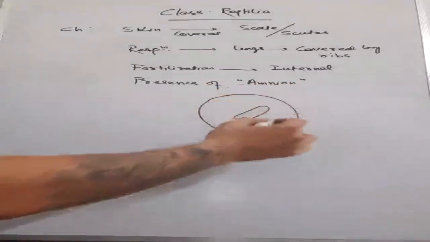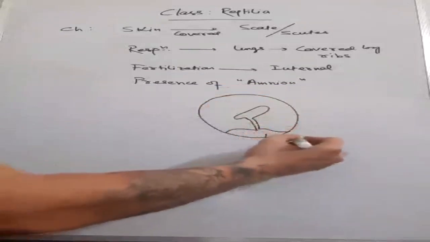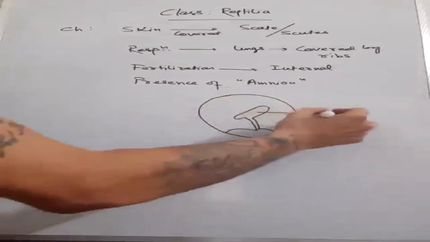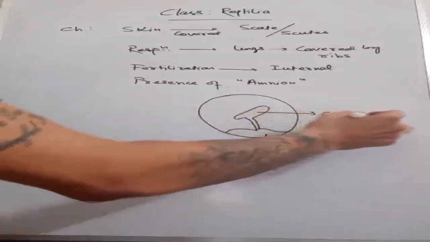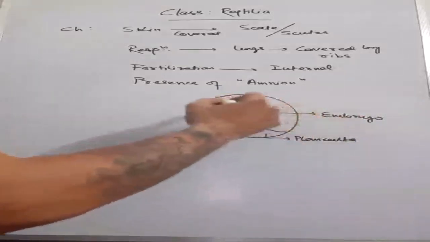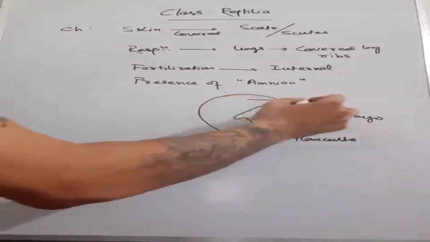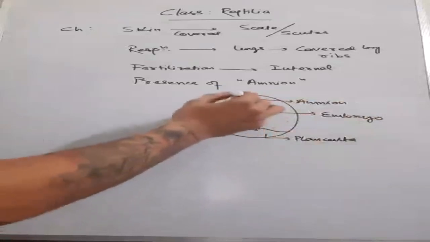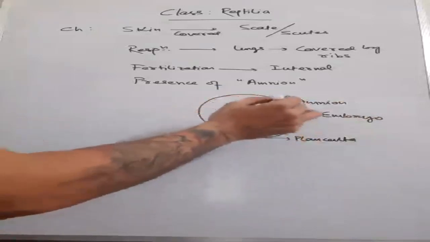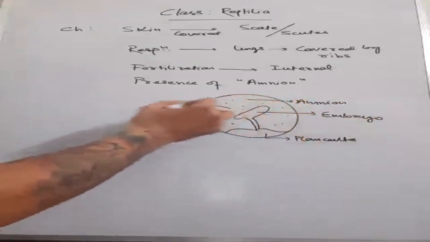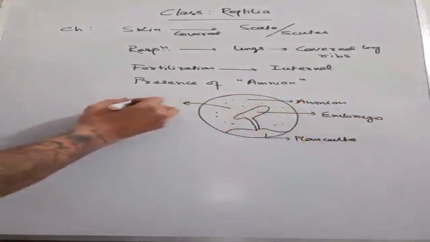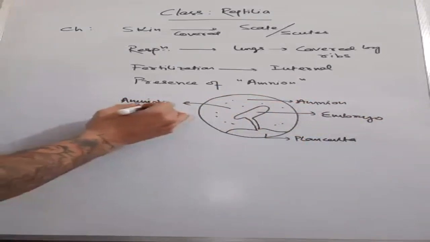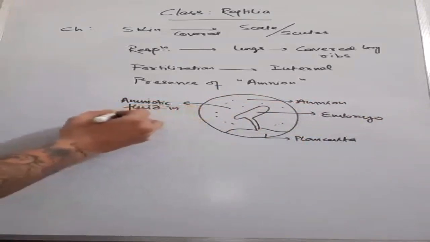This is the embryo, and the space that you are seeing over here is known as the amnion, and it contains a fluid. The fluid which fills the amniotic cavity is known as amniotic fluid.